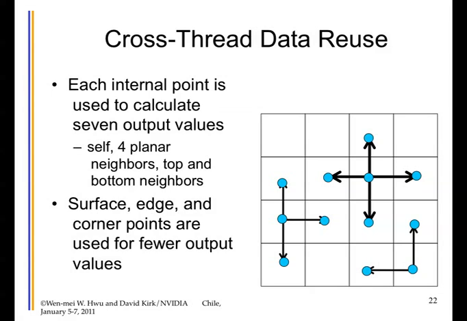And if you look at this from the horizontal point of view, remember we were loading these 4 elements for calculating that center point. And each internal point is actually used to calculate 4 planar elements, for the 4 neighbors.